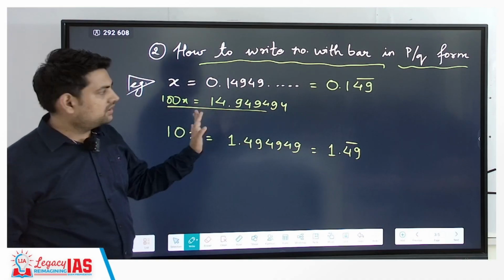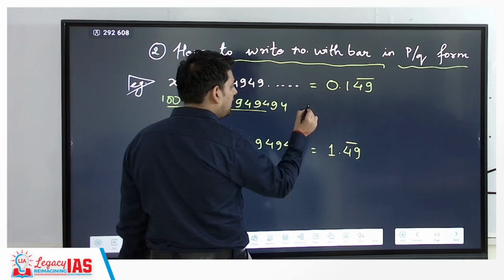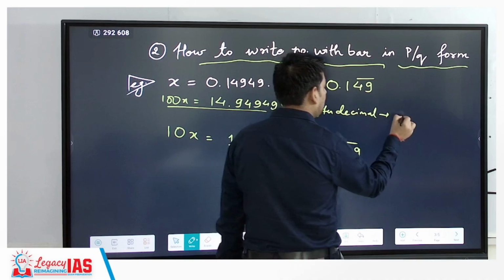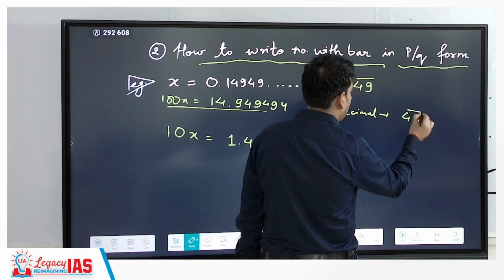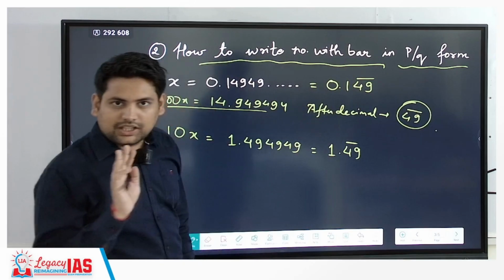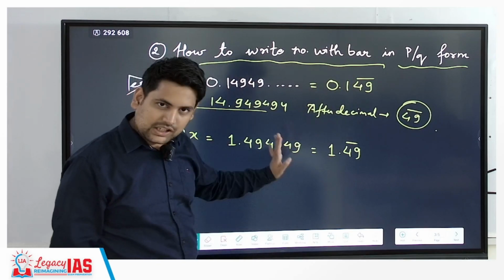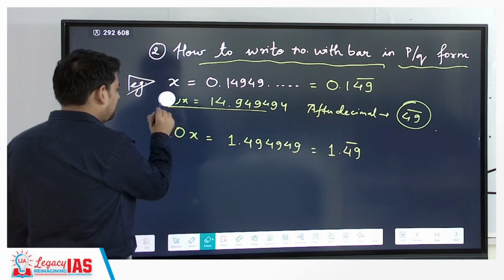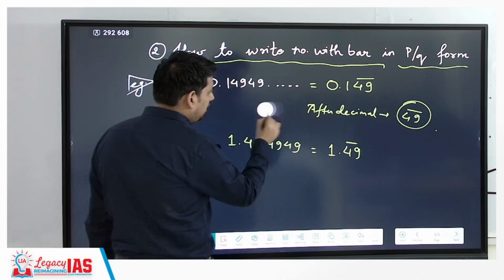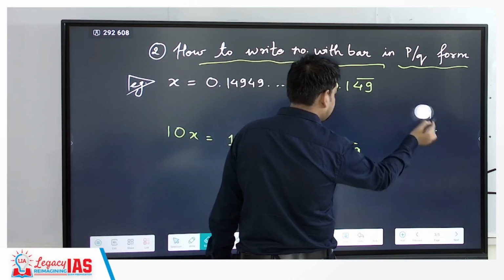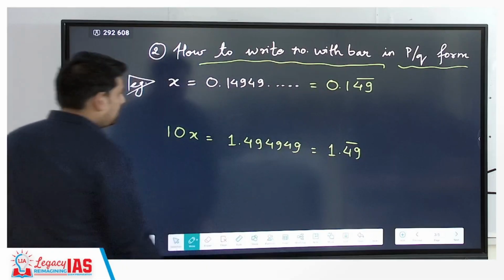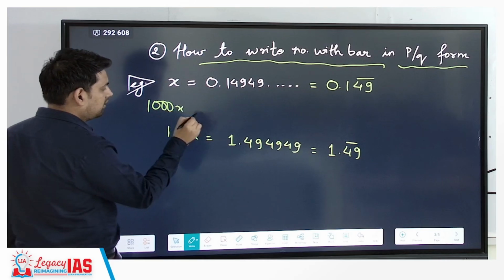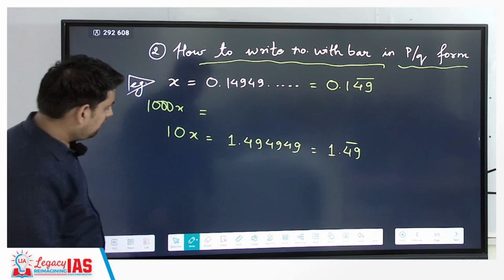This is not useful to us. What we want here is that after the decimal we have 49 bar only. Correct? This is what we want. Why we want that, you get to see. So we reject 100x. 10x was working good. Now we find another one. Let's say if we multiply it by, let's say, 1000. Now 1000x will be what?